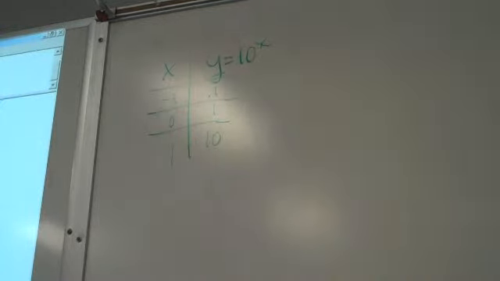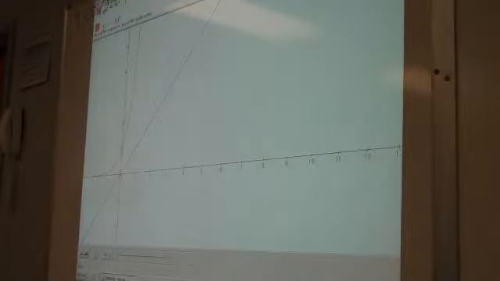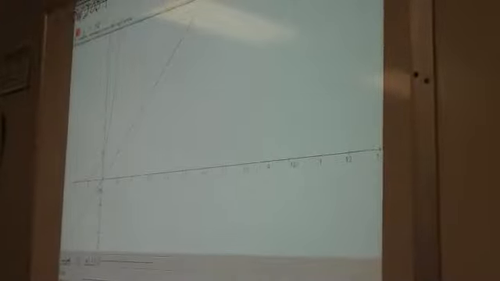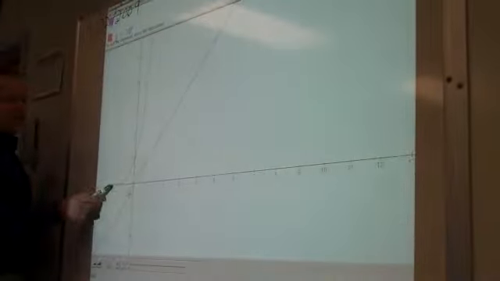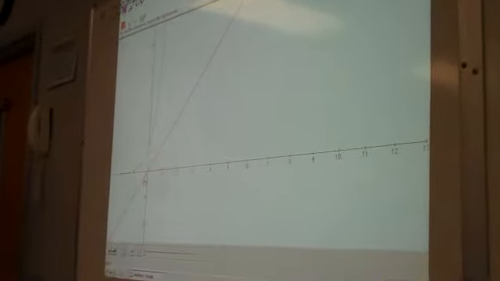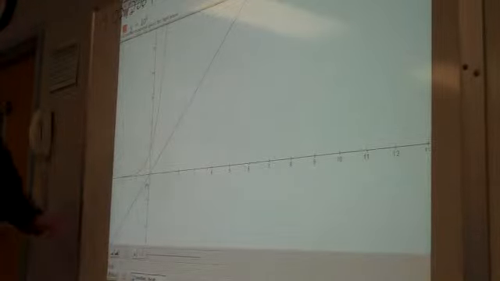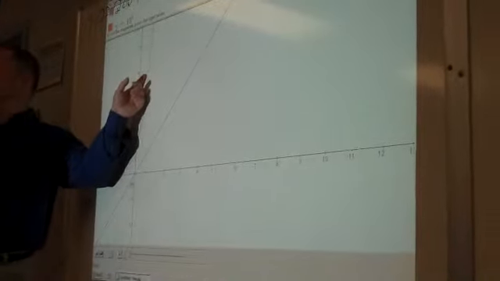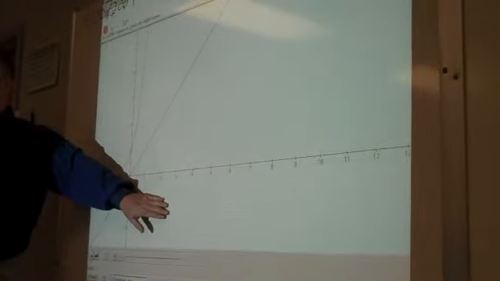Okay? So then I graph these two. All right. Now, take a look at this. Here's y equals 10 to the x. Here's y equals x. One reason why people were pretty sure something like logarithms existed is because this function here looks like it should have an inverse.